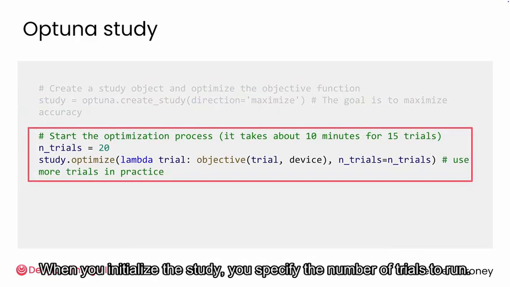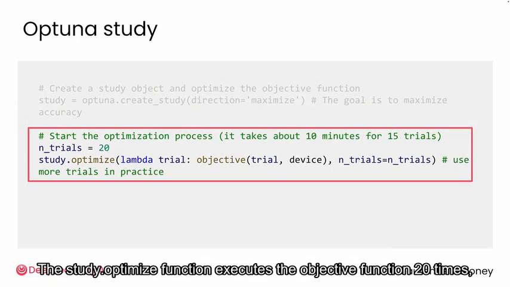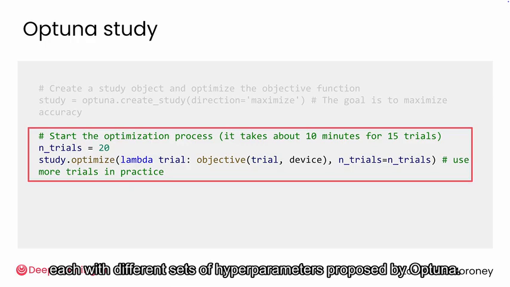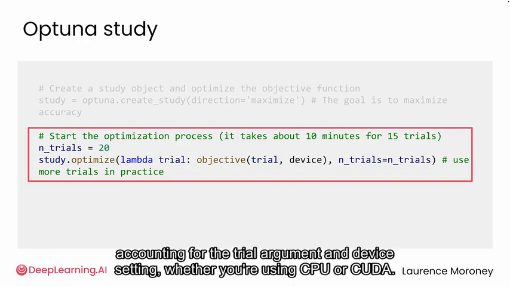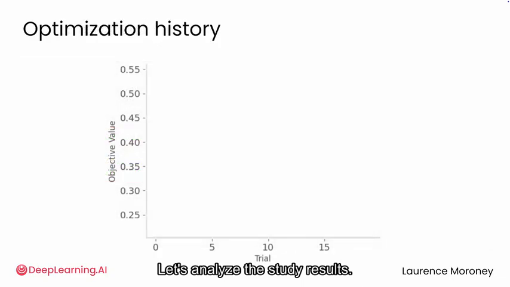When you initialize the study, you specify the number of trials to run. The study.optimize function executes the objective function 20 times, each with different sets of hyperparameters proposed by Optuna. A lambda function wraps the objective function call, accounting for the trial argument and device setting, whether you're using CPU or CUDA. Let's analyze the study results.